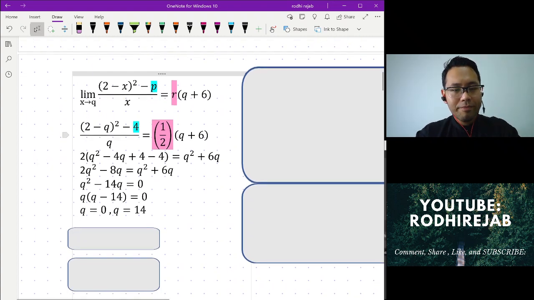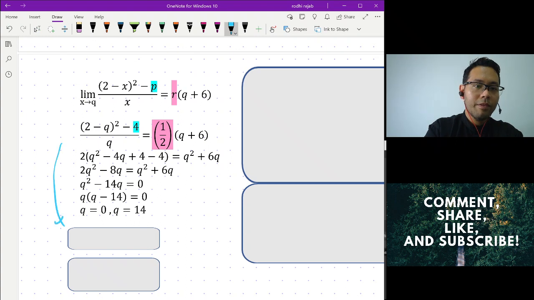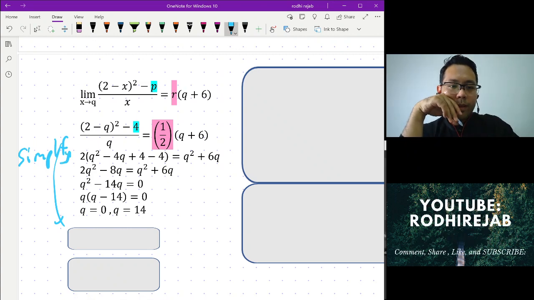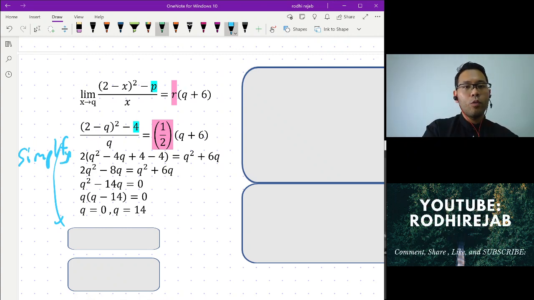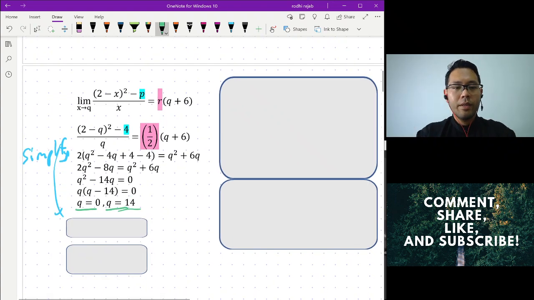Once you solve the equation and simplify, you will get two values of Q: Q equals 0 and Q equals 14. Now, should we take both? Well, you should not take both. Why?